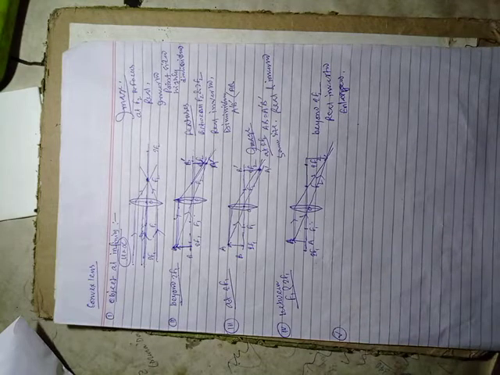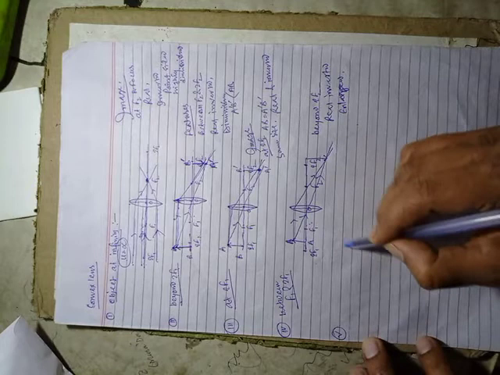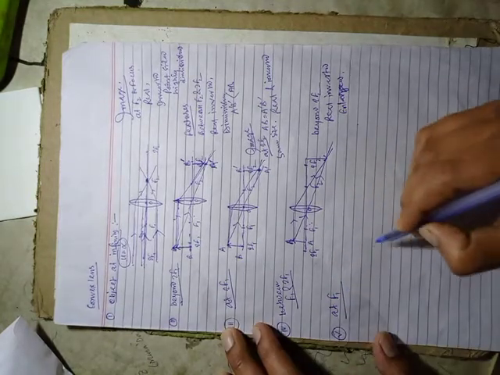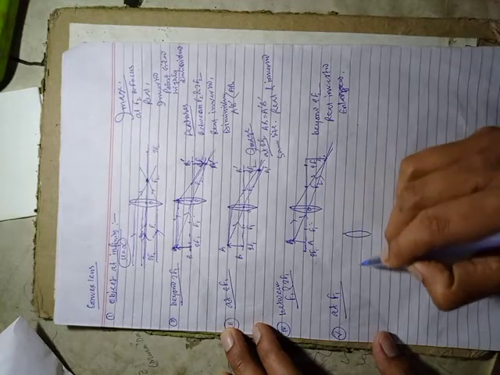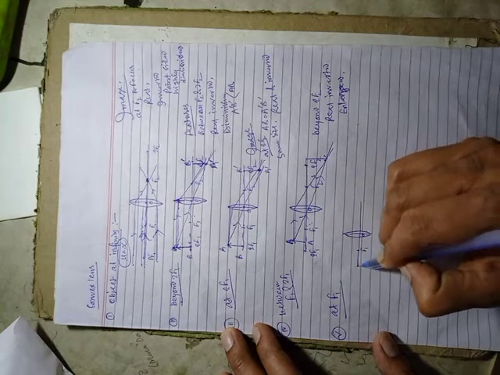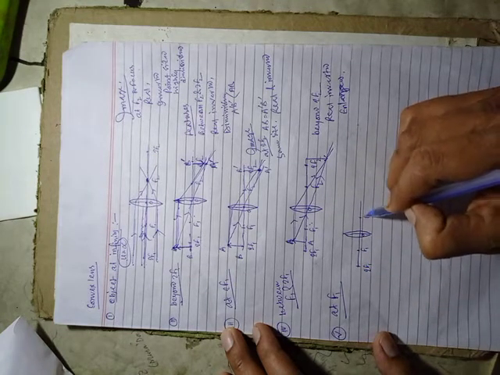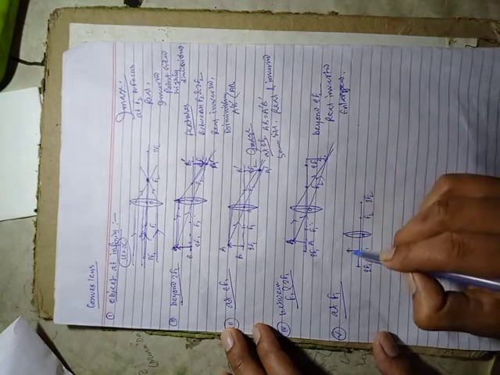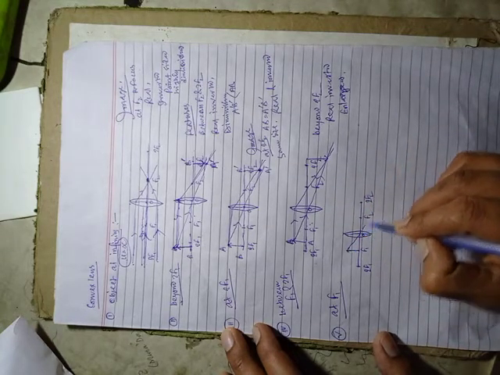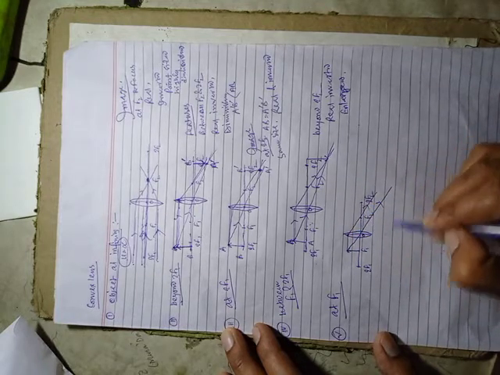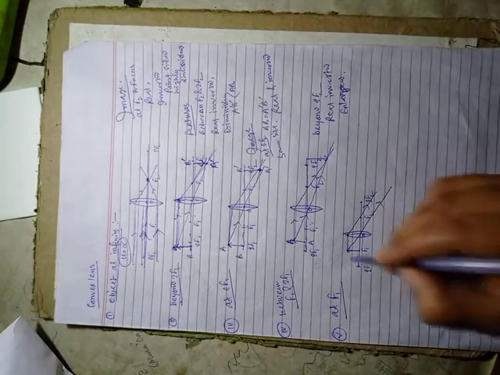Now the fifth figure, when the object is at the focus, at f1. Again draw the figure: optical center, f1 to f1, f2 to f2. One ray passes through the optical center, another is refracted and passes through f2. See, students, these two lines will never meet.